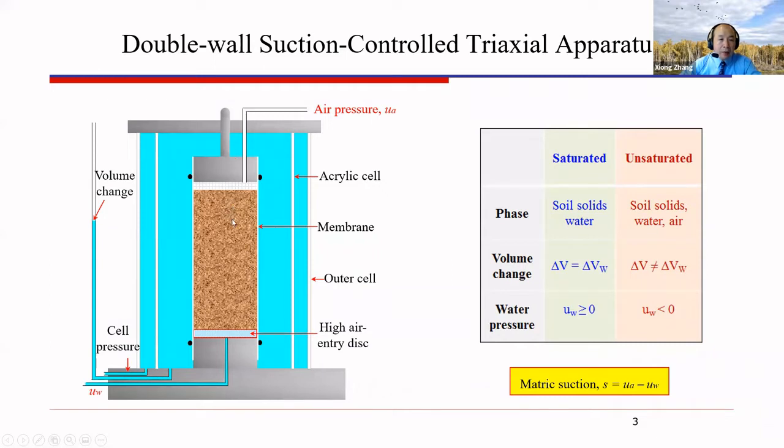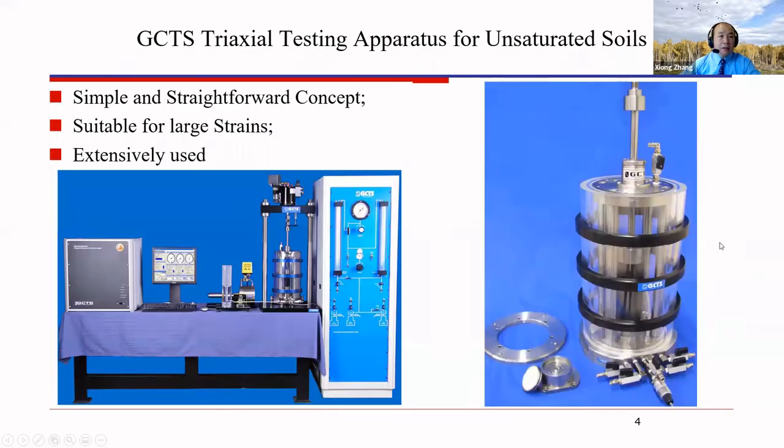The high air pressure will be applied to the water inside the soil and squeeze the water out of the soil. So by controlling the pore air pressure and the pore water pressure difference, we can control the suction. In this way, we can measure the volume change for unsaturated soil. In the meantime, we control the suction. So the method is straightforward and it's suitable for large strains, and it is extensively used.